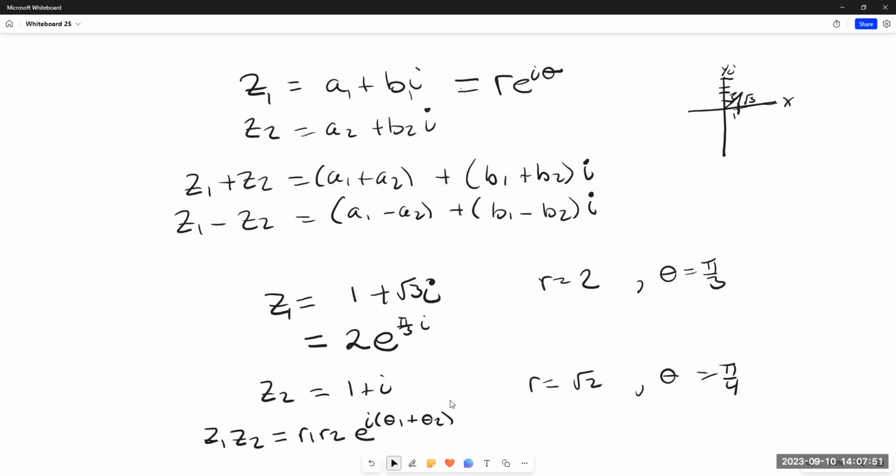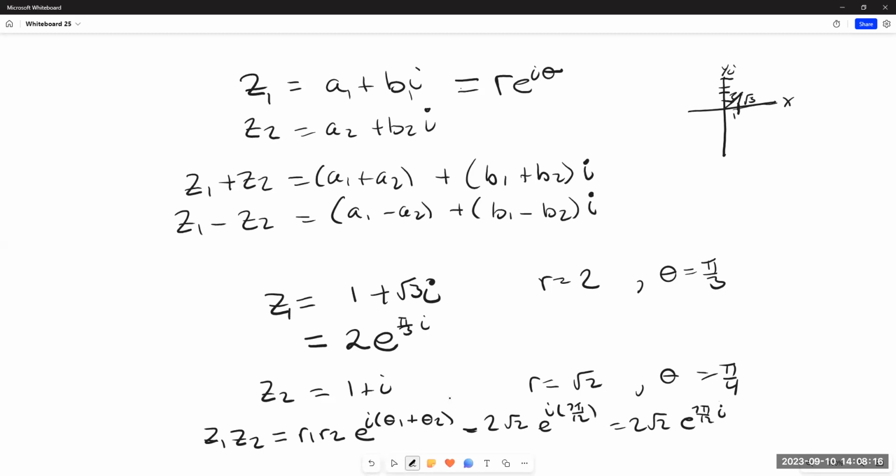So in this case here, this is going to be 2 root 2 e to the i times pi over 3 plus pi over 4, which is 7 pi over 12. So this is 2 root 2 e to the 7 pi over 12 i.